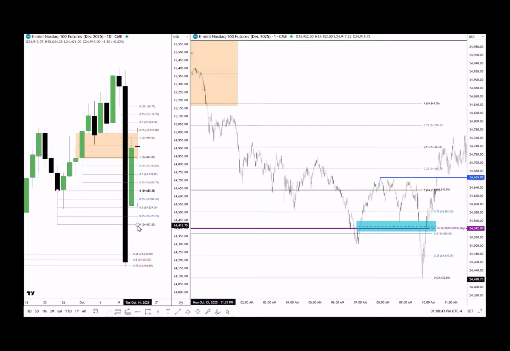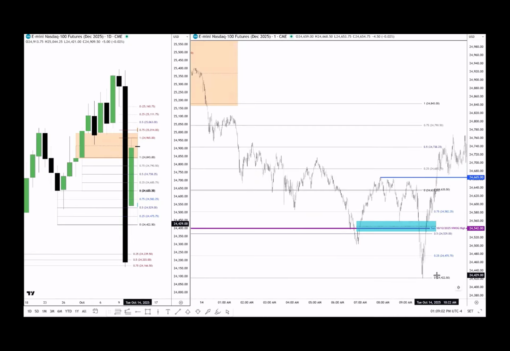Okay. And look at this candlestick right here, the September 25th. What's the low? You're going to look at this price right here on my cursor. What's that candlestick low? 24,422.50. Okay.